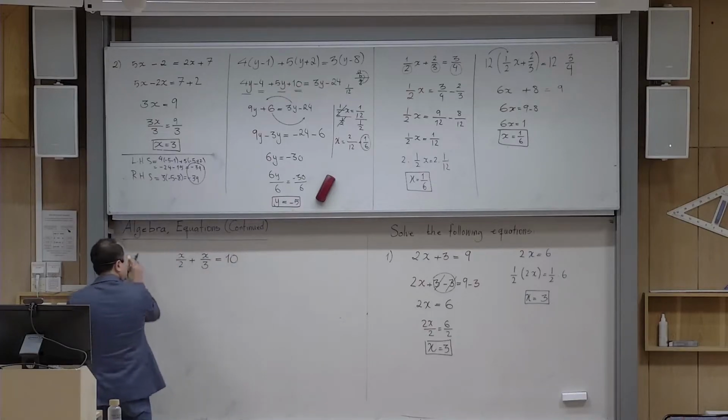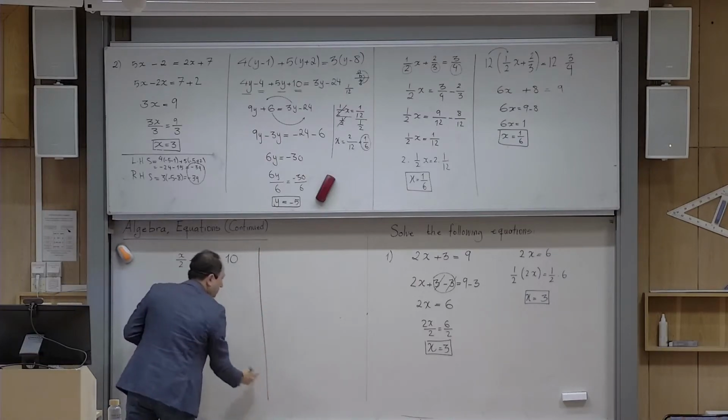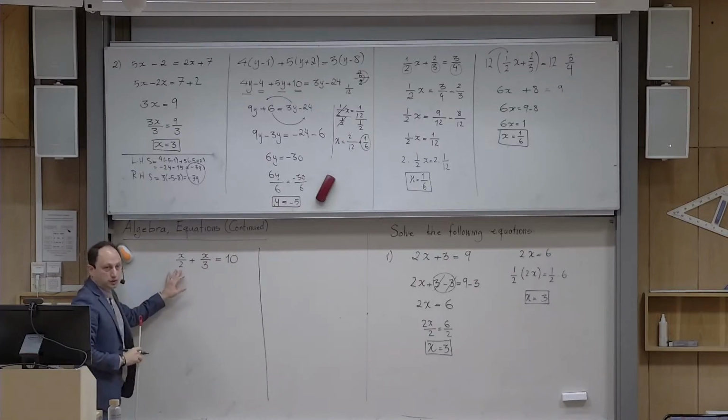Okay, let me solve this one for you again myself. I want to solve it intentionally in two ways. I want you to see at least both of them. If I ask you to solve this and you do not want to get rid of fractions, then because these unknowns are on the left-hand side, you have to add them.